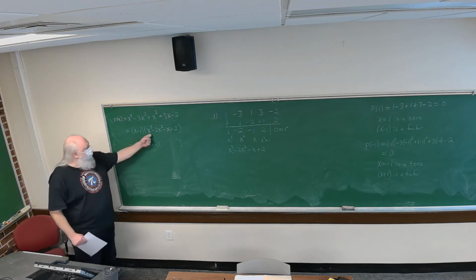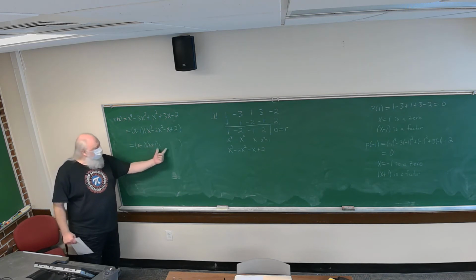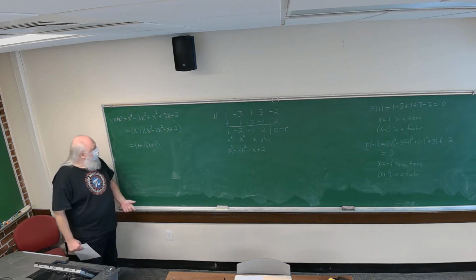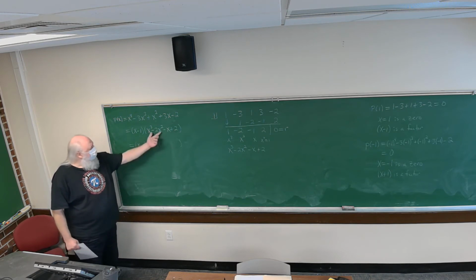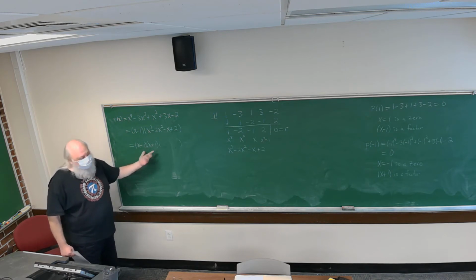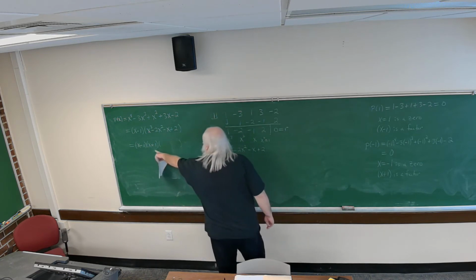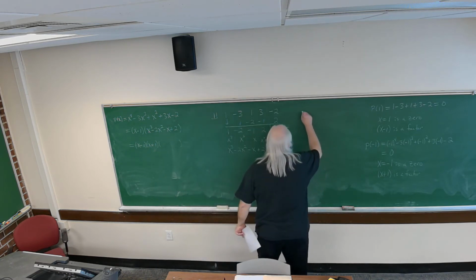So this third degree polynomial has to be equal to the factor x plus 1 times our unknown quadratic. And so to find the unknown quadratic, we divide the third degree polynomial by x plus 1. And we do that with synthetic division. So x plus 1, right?